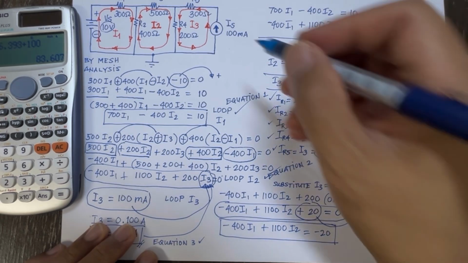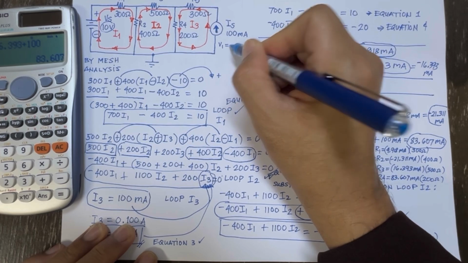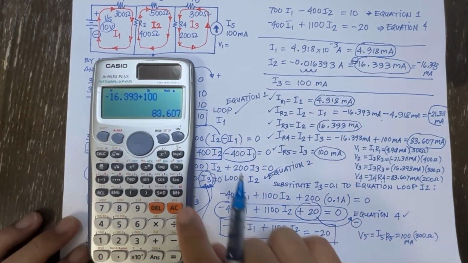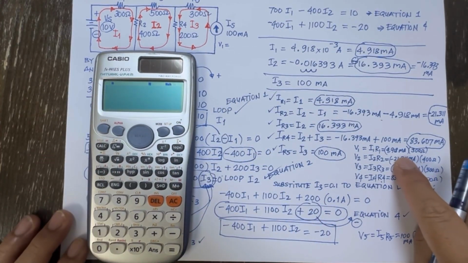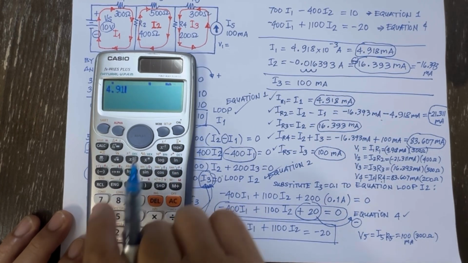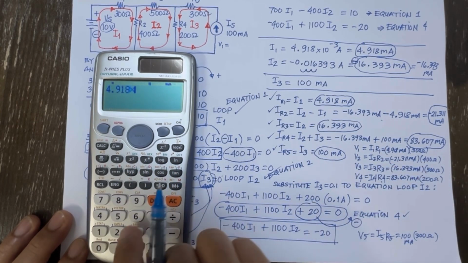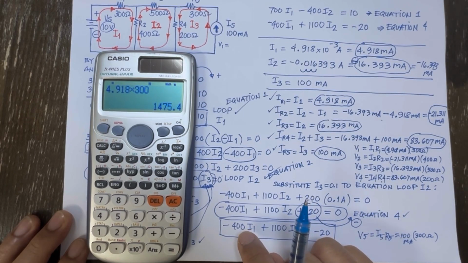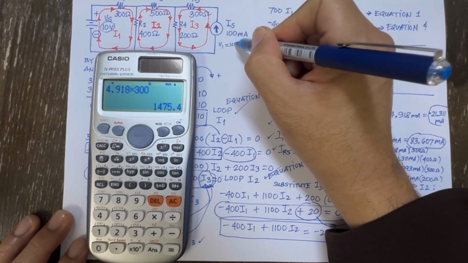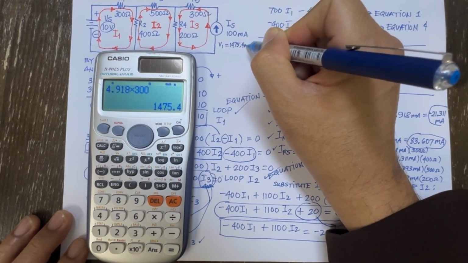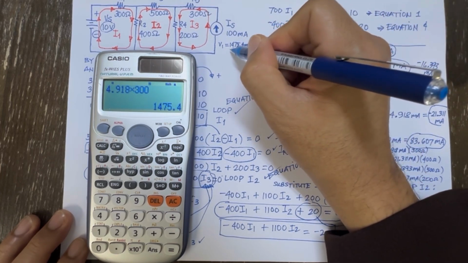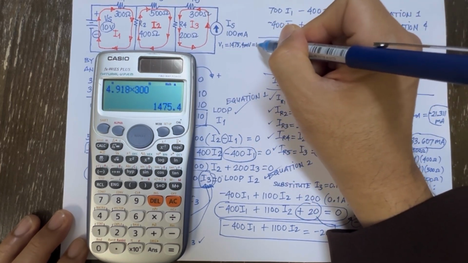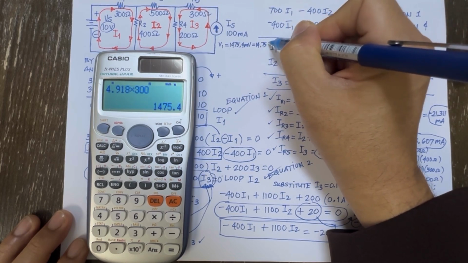Okay. So now we got all the values of the required calculations. So let's calculate it now, one by one. Multiplied with 300, we will get 1475.4 millivolts, but that will become 1.475 volts.